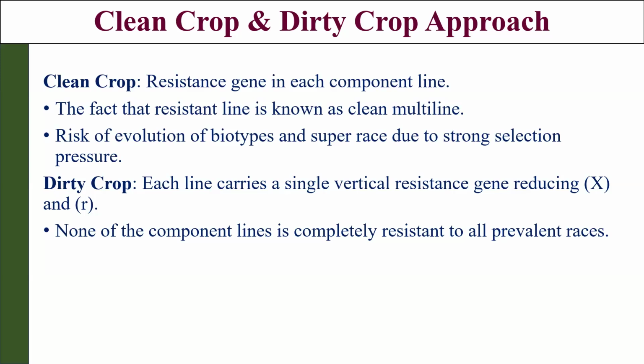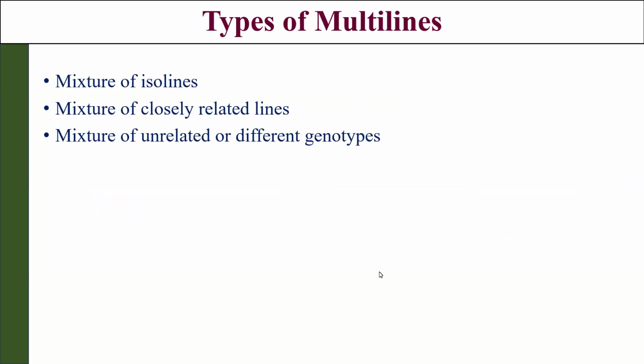Do you understand? Every line has a single vertical resistant gene in the dirty crop, but in the clean crop it is not a single gene; all resistant genes are incorporated in all the lines. It's not strictly a single gene.